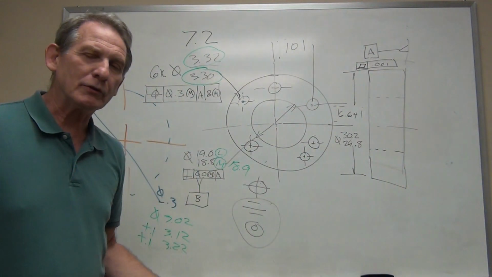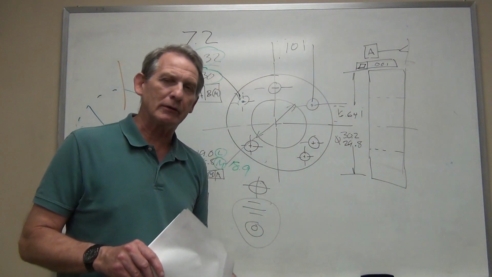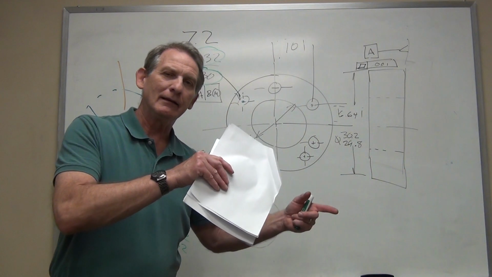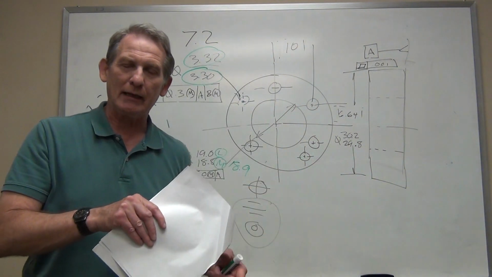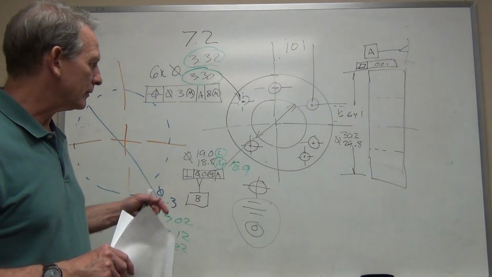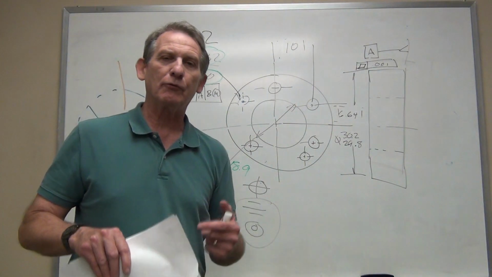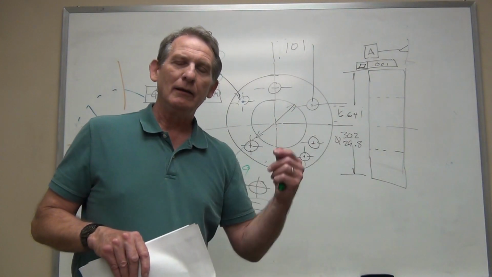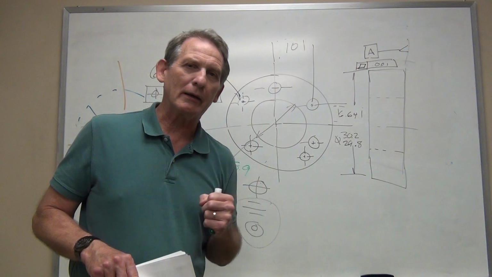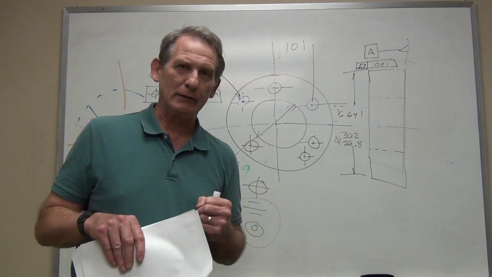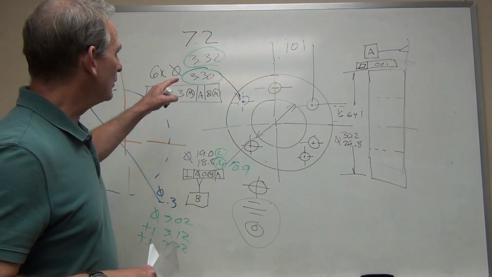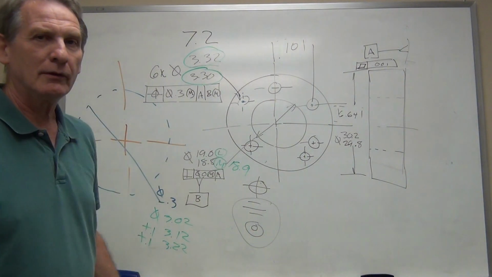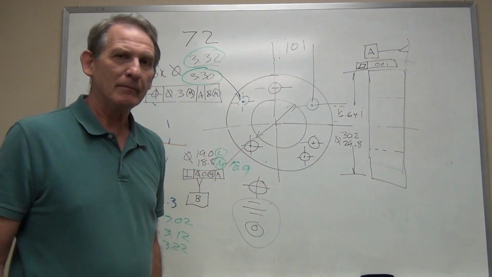If one of them starts deviating from maximum material condition and heading towards least, you get to add that difference to the tolerance on a thousandth for a thousandth basis. In other words, make the hole a thousandth bigger, the tolerance zone gets a thousandth bigger. Not only for the feature itself, but for the datum.